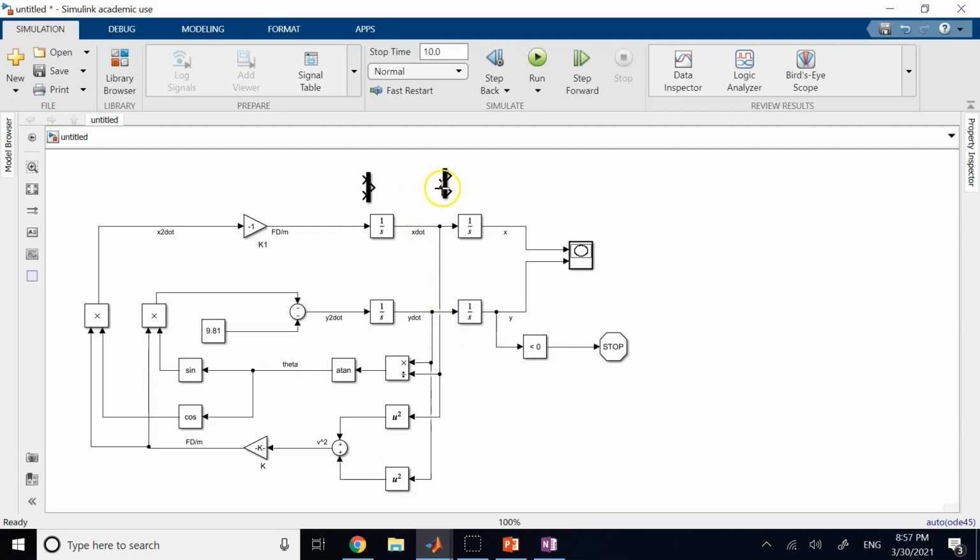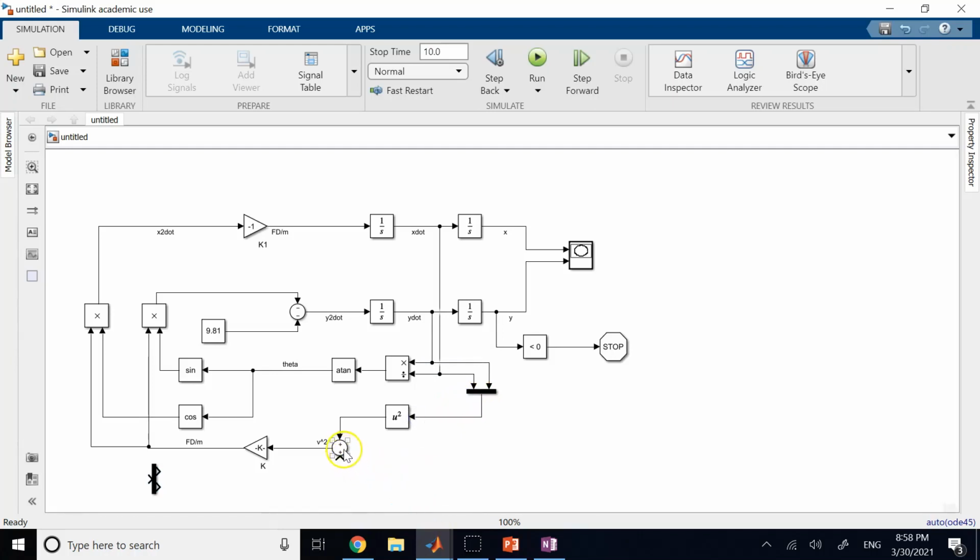Now, one thing I can do is combine these two signals into one signal using the multiplexer. I bring these signals into the multiplexer, make them one signal, and raise that signal to power 2 one time.